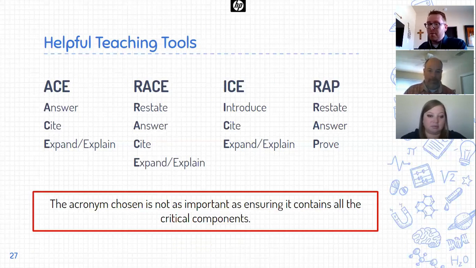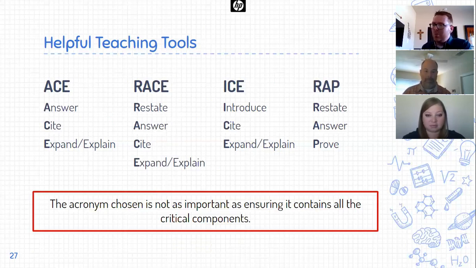You'll notice there are different variations of each of the components, but they all kind of have the same core pieces to them. Like, in all of them, there's some sort of answering or restating. Chris, you said you wanted them to understand the question, so that's that restate piece. Giving that text evidence, which is the citing, and then explaining and telling why it's important, like Jennifer was calling out there. Most of them even use the same wording.